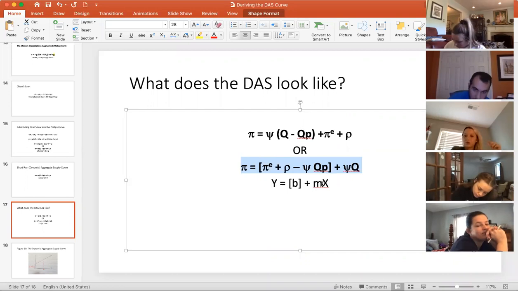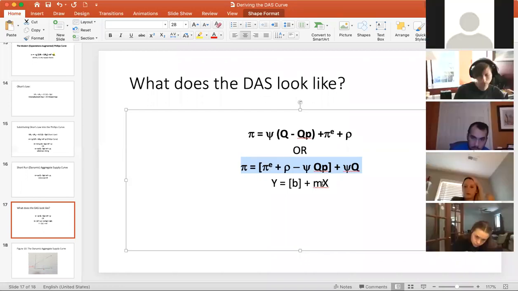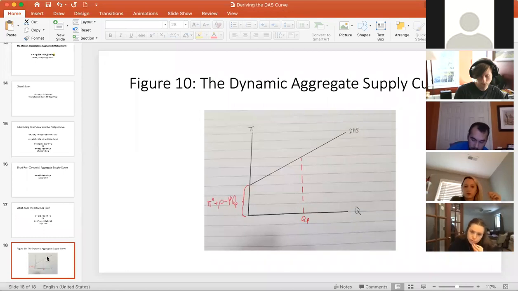What's the b? The y-intercept. What's the m? Slope. It is the slope. So this is what our aggregate supply curve looks like. It is upward sloping with a slope of the pitchfork.